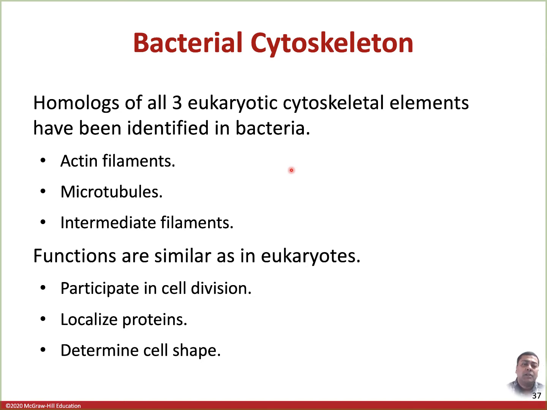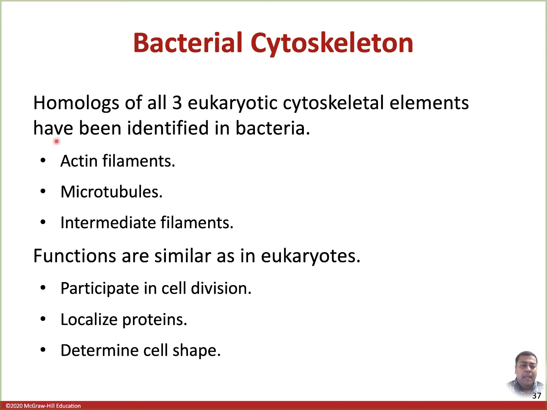These are the homologs or analogs of actins, microtubules, and intermediate filaments. Actins are the microfilaments. Microtubules are made up of the protein tubulin in eukaryotes, and the intermediate filaments are made up of myosin in eukaryotes, and there are similar analogous structures in the bacteria as well.